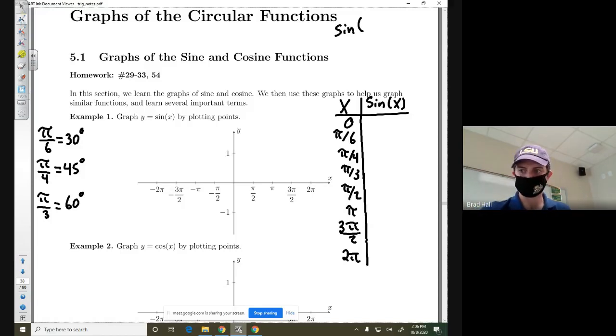Sine of pi over 4, if you were to put this in the calculator, well, you'd have to have your calculator in radian measure, which I don't think I really described that yet. So instead, pi over 4 is 45 degrees.